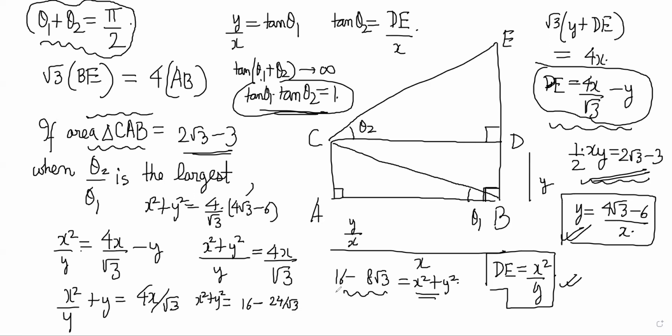Yes, sir. 12 plus 4, right? Yes, sir. So we can use AM-GM also at this point. But I still don't understand what they mean by saying theta 1 by theta 2 is smallest and largest. What can we do by that? So can we do x plus y whole square minus 2xy?